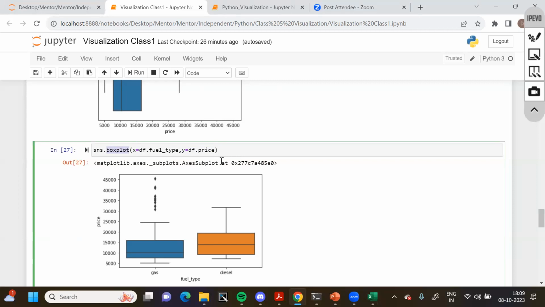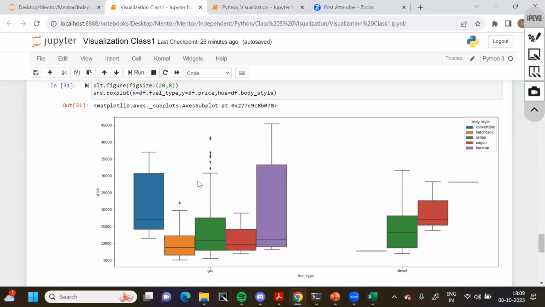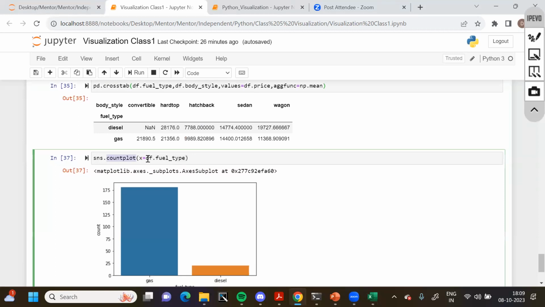There are certain exceptions like count plot, because internally it counts it. Otherwise, remember that you have to provide some numerical equivalent if it is not working directly, because many graphs do not take the categorical directly, apart from one or two which internally convert it.